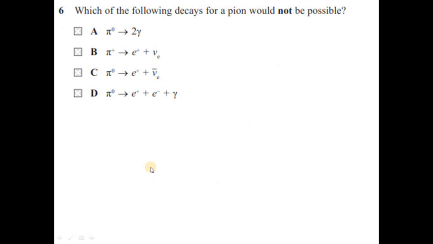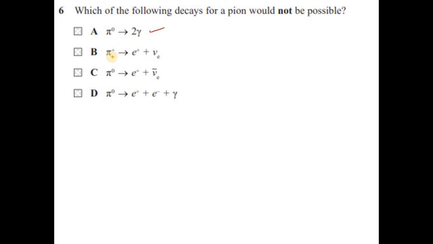Question number 6. Which of the following decays for pion would not be possible? Here, pi 0 to 2 gamma: charges are conserved, and lepton number and baryon number are also conserved, so this is possible.